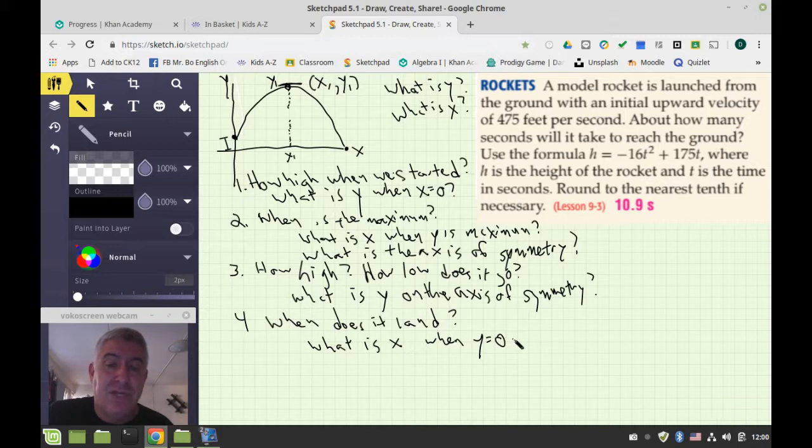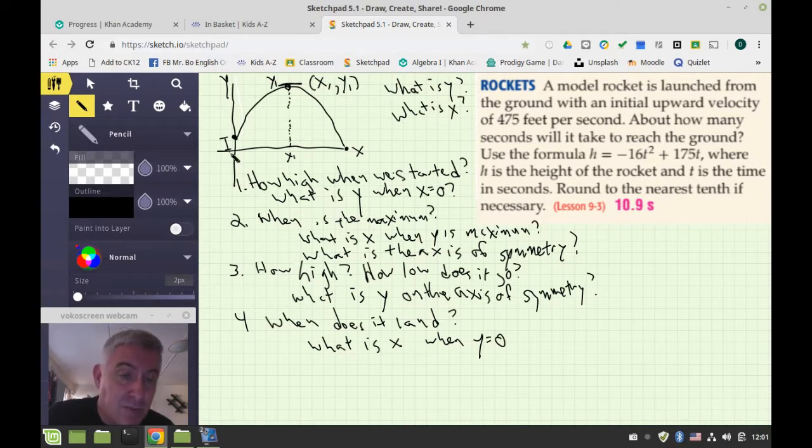So we have ways to answer all of these, and question number 1 is easy. If we have the formula, we just substitute 0 for x, and then we find y. If we want to know the maximum, we have a 4-step system to find that one. But this will be a 3-step. So we'll find the zeros, and then we'll find the axis of symmetry in the middle there.